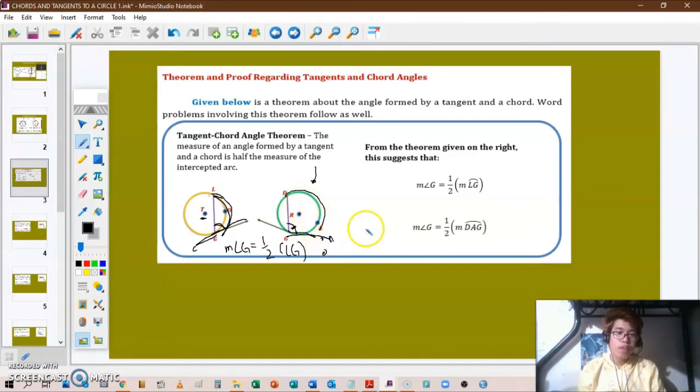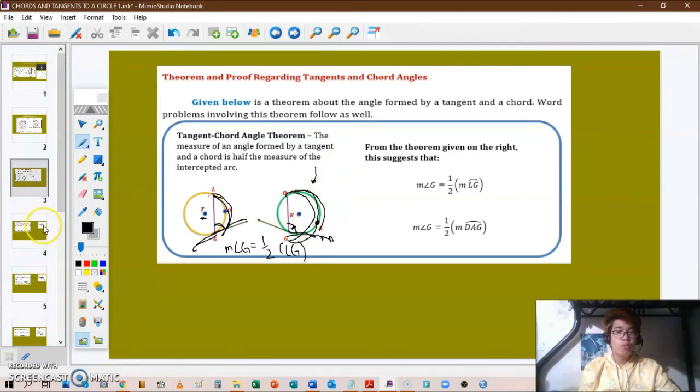To get the measurement of angle G, since this is A, angle G, or DGO, is equal to 1/2 of DAG, this arc right here, the major arc. Those are our two types of circles for the tangent chord angle theorem.